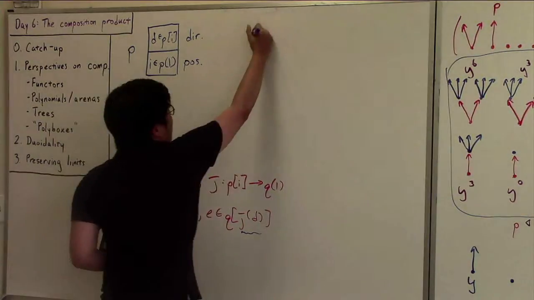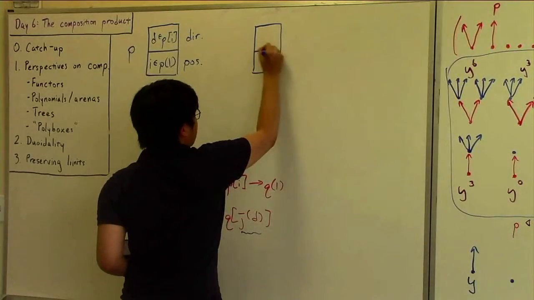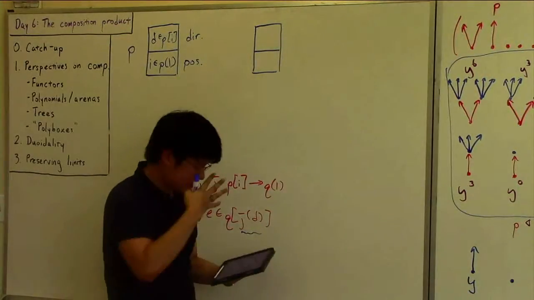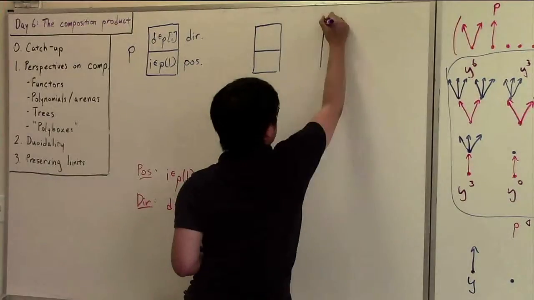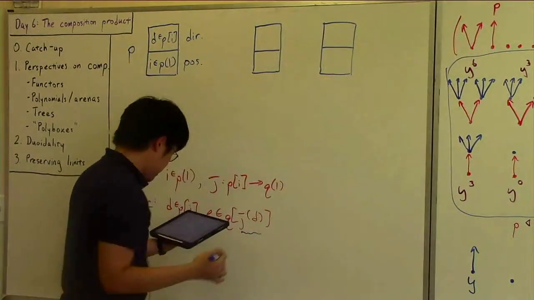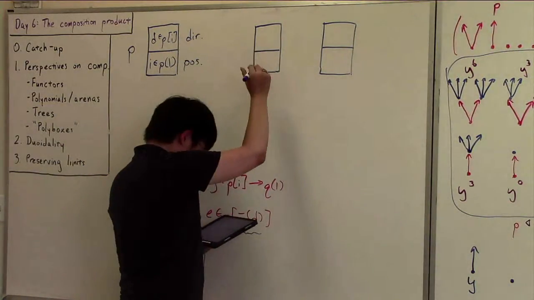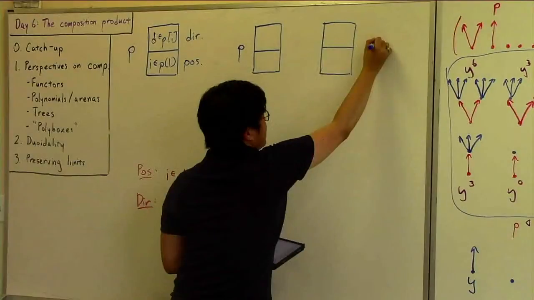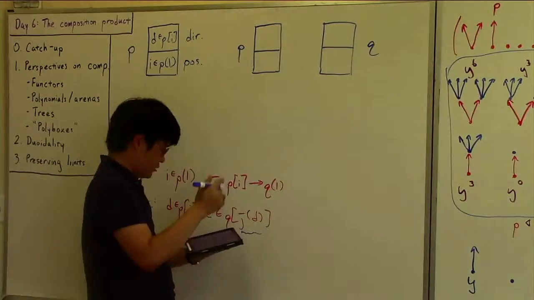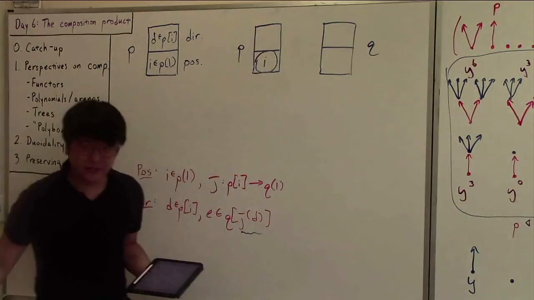So another way of thinking of a polynomial morphism, which is really just a rephrasing of our decision-making interpretation, is as a kind of spreadsheet. You can think of these as cells of a spreadsheet, where this is P, this is Q, and for each position of P that we write here, I'm not going to actually write I in P of 1.